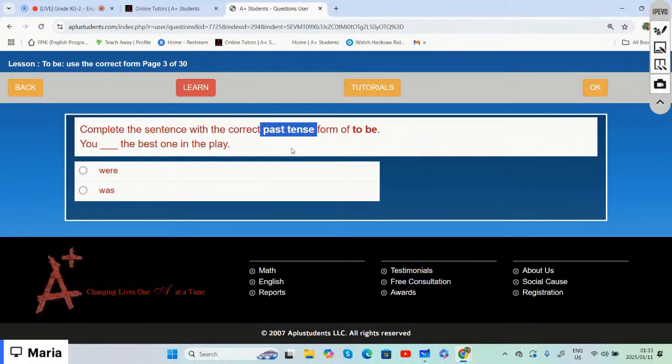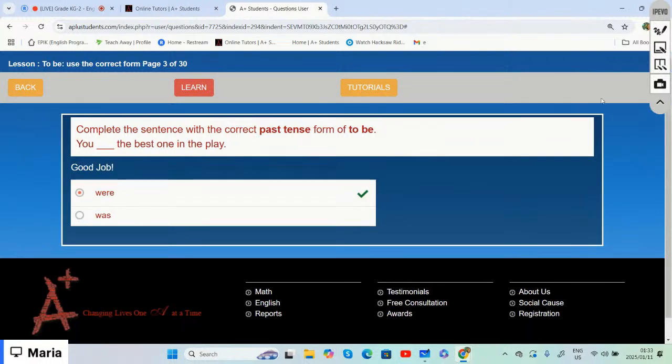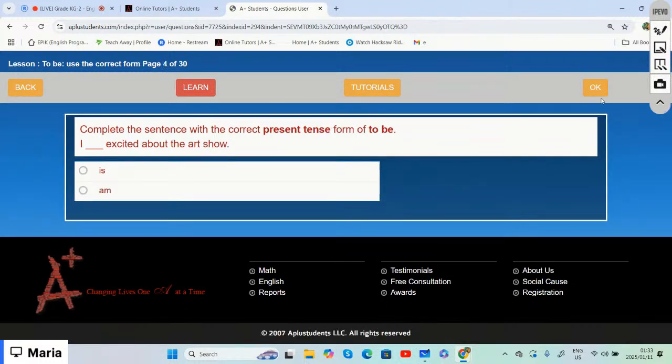And if we were to choose the correct option, then we will say you were the best one in the play. So were, option one, is correct. Well done. The next one says I. Do we say I is excited about the art show? This is the present tense form. Or do we say I am excited about the art show?